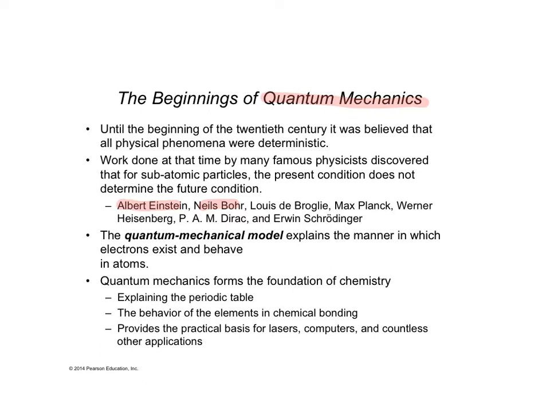Up until the beginning of the 20th century, up until the beginning of the formulation of quantum mechanics as a theory, all physics and all physical phenomena were believed to be very deterministic. So what does deterministic mean?